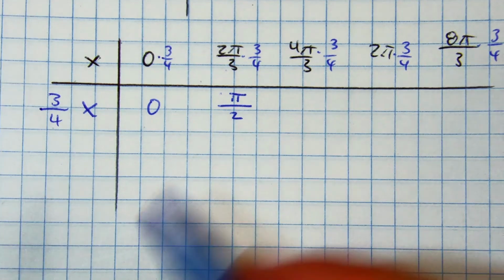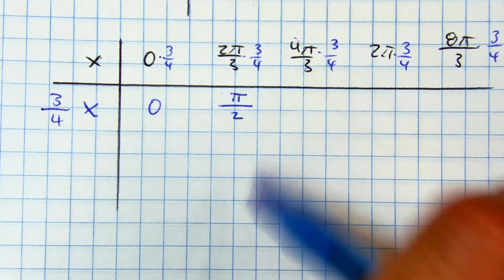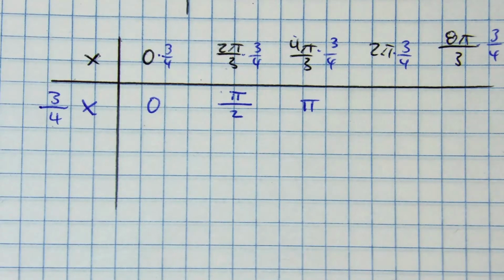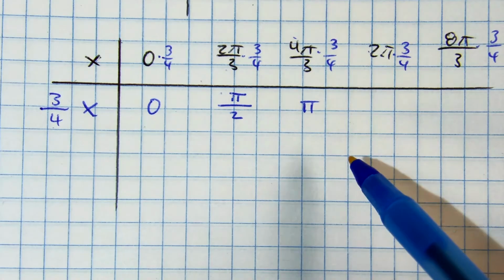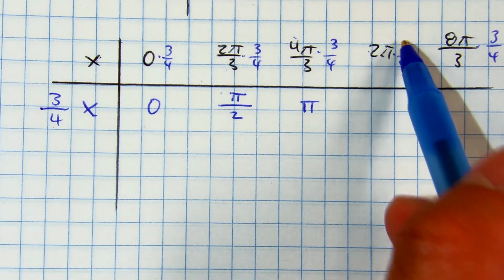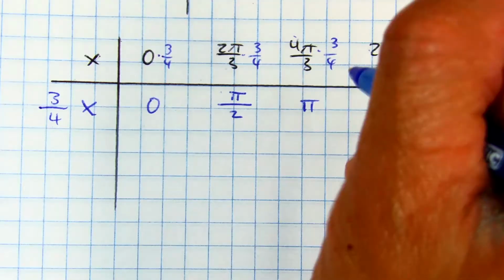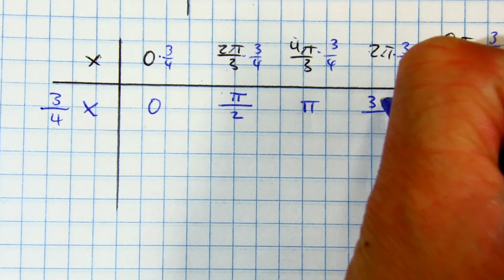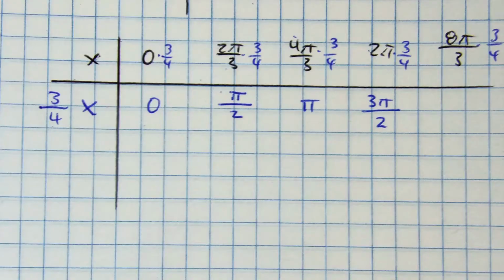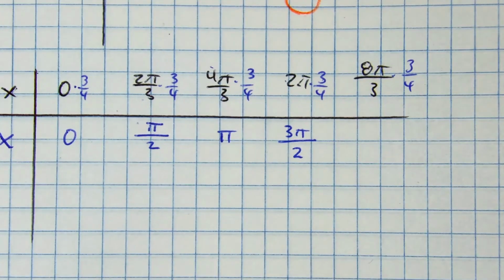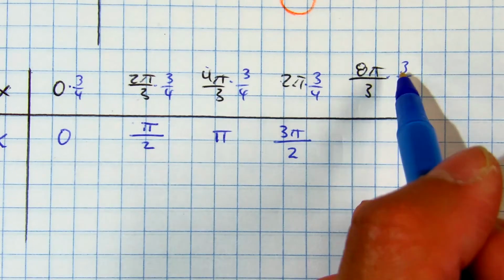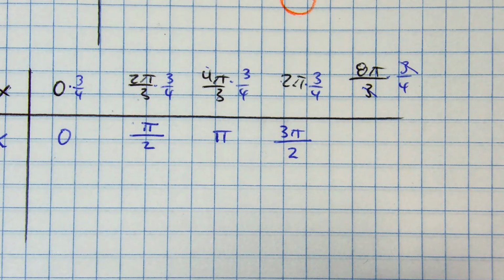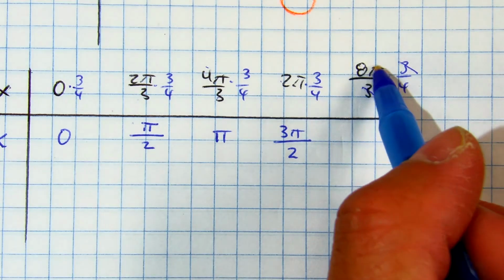If I cancel my 3's and I cancel my 4's, my answer is just pi. 2 times 3, 6 divided by 4, 3/2, so this is 3/2 pi. 3 pi divided by 2, and then if I cancel my 3's, 8 pi divided by 4 is 2 pi.